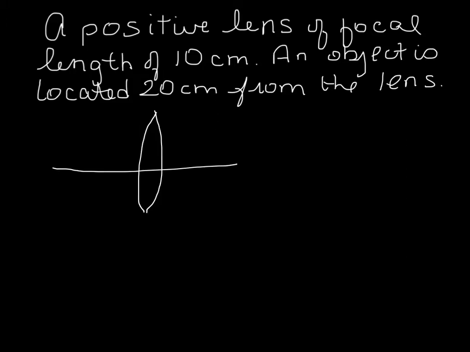We have some object located away from it, so the rays are going to travel and then bend down to a point where they meet. Okay, so that means we are going to be doing a real image.